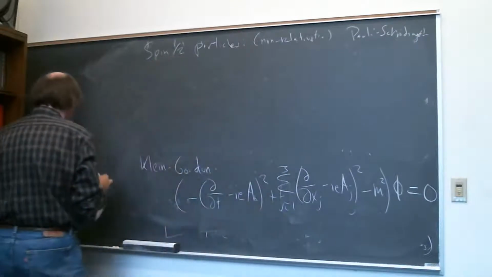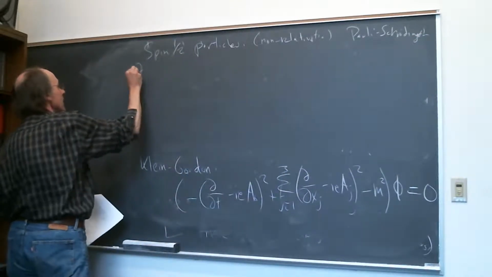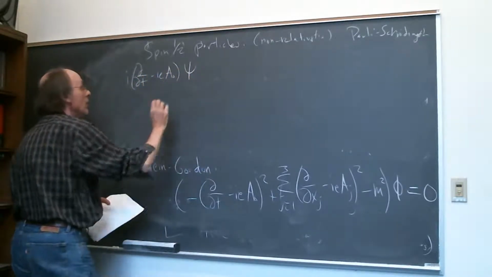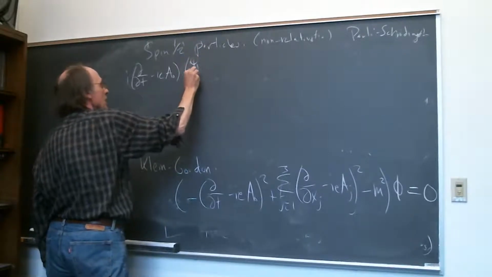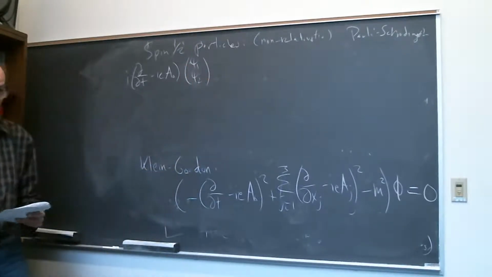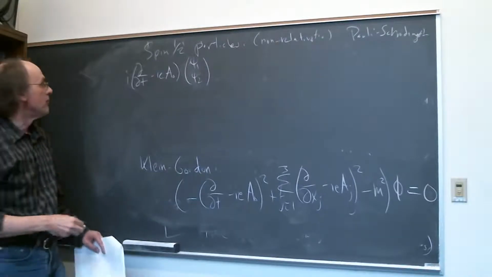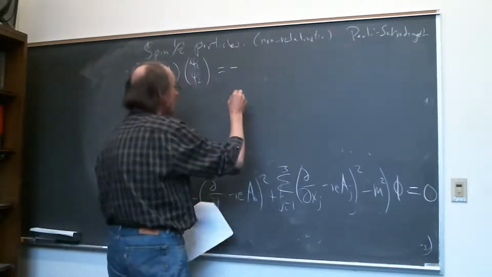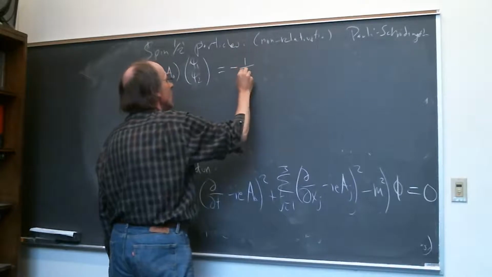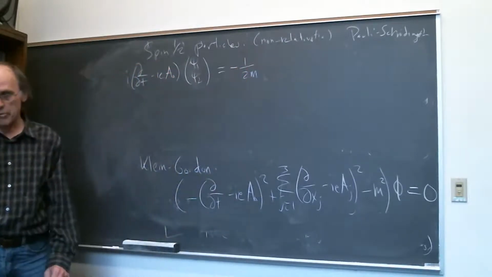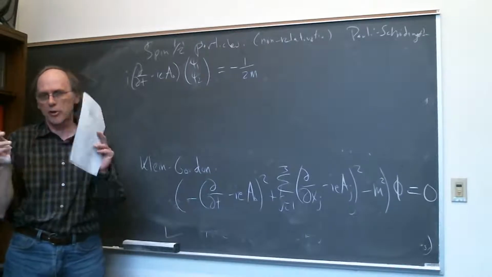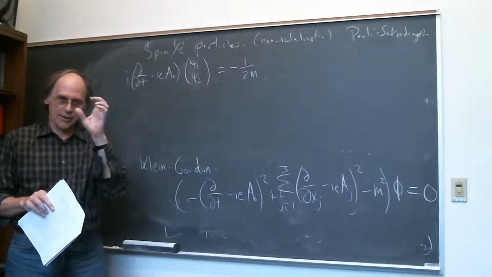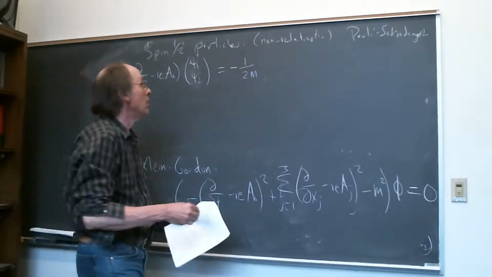What you do is you take i d/dt, okay, and so your psi is now psi 1, psi 2. And then you have your minus 1 over 2m p squared term, but the Pauli-Schrödinger idea was to write p squared in terms of sigma matrices as (sigma dot p) squared.